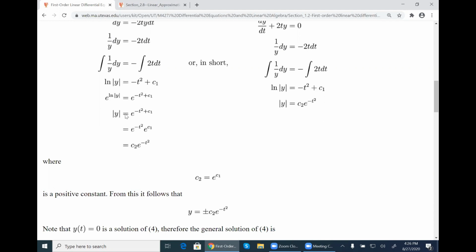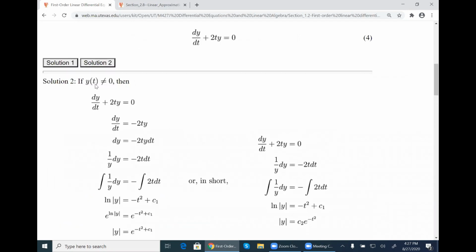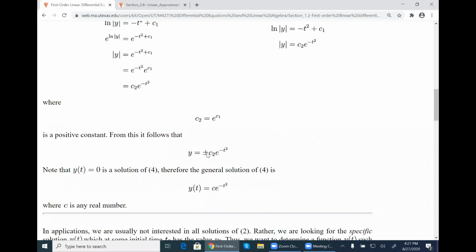Since on the left-hand side we have absolute value, we can rewrite this as the following. Y is equal to plus minus c2 e to negative t squared. So, conclusion. If y of t is not equal to 0, y of t is equal to plus minus c2 e to negative t squared.